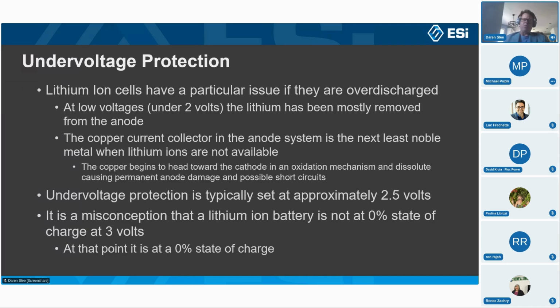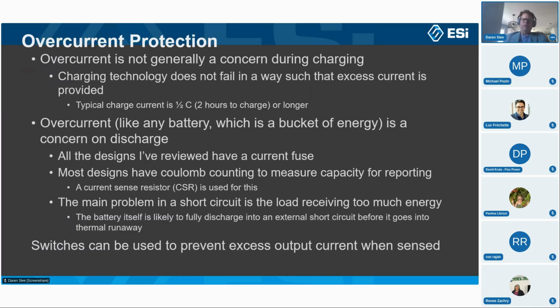So that's another thing I wanted to point out. Overcurrent is generally not a concern during charging. During charging, current is driven by the difference between the output voltage of the charger, say 13 volts, minus the voltage of the battery, say 12 volts, over the loop resistance.